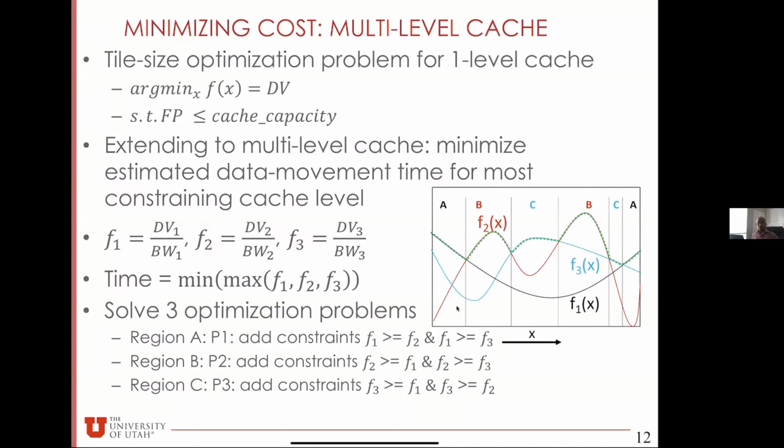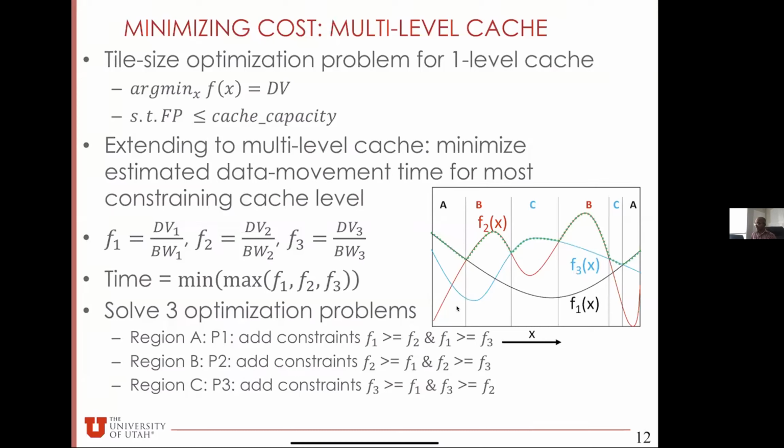The way that we do this is by actually solving 3 optimization problems. The figure on the right is illustrating, assuming we have a one-dimensional set of functions f1, f2, and f3, that what we want is to find the minimum of the maxima of these three functions.